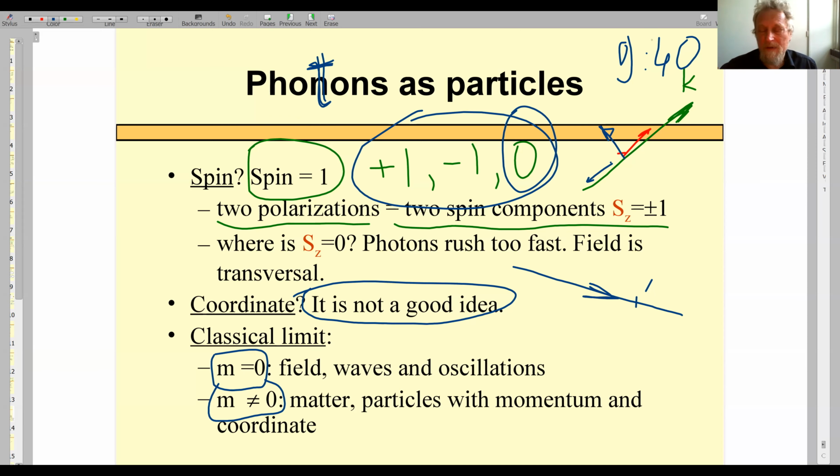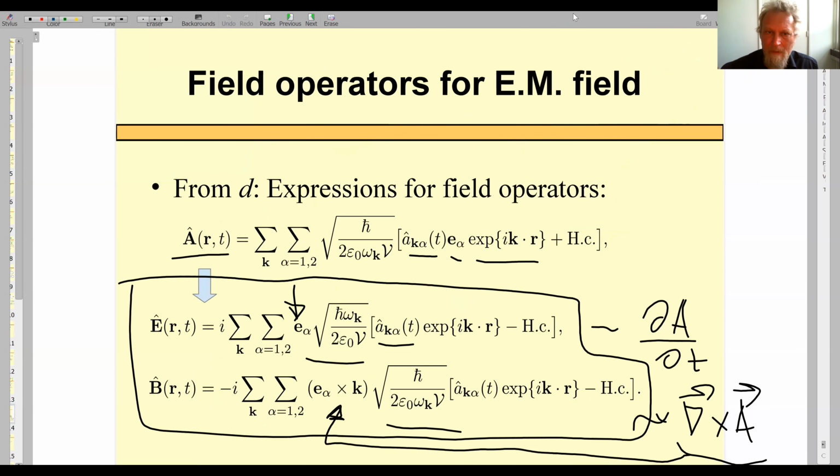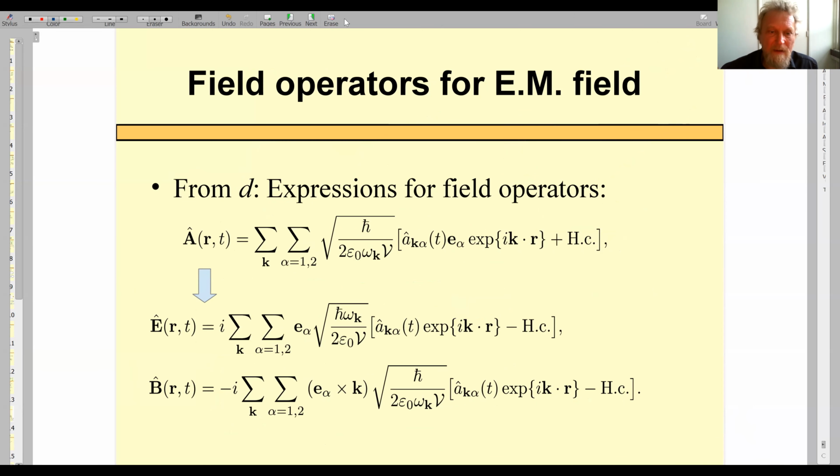So we understand the photons as particles. Most of this you have already known, but we now get it on a solid basis of field quantization. Let me write field operators for the electromagnetic field.